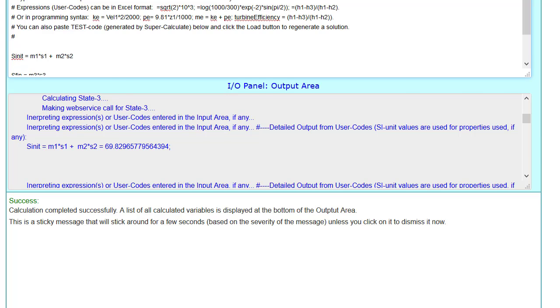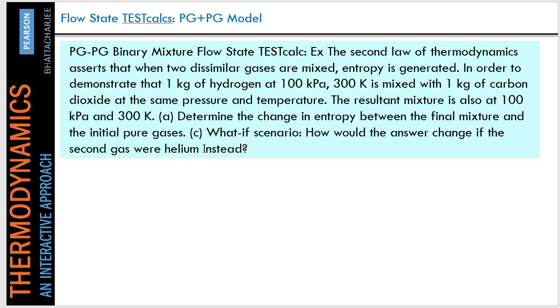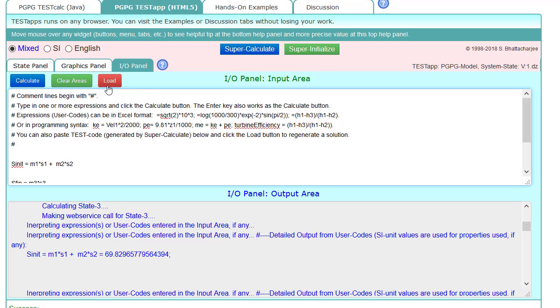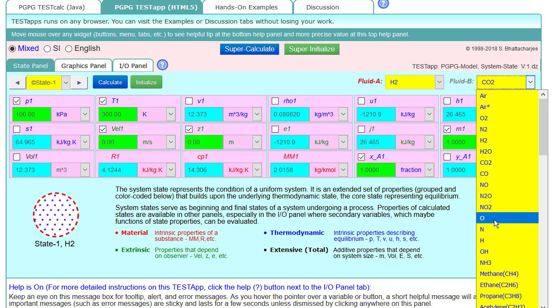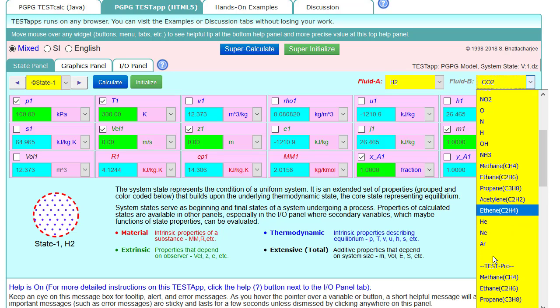Right, and then the next part of the question says, what if the second gas were helium instead? So that's an easy change. Just go back to the state panels, go back to state 1, and change fluid B to helium.